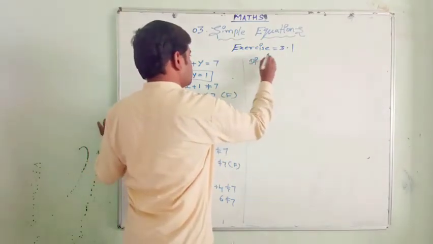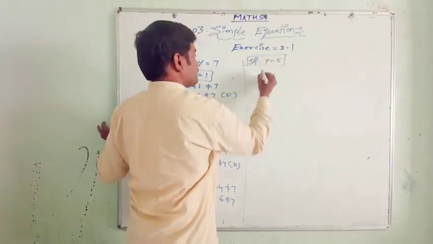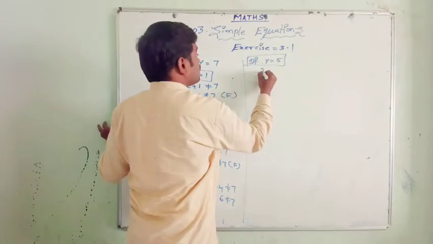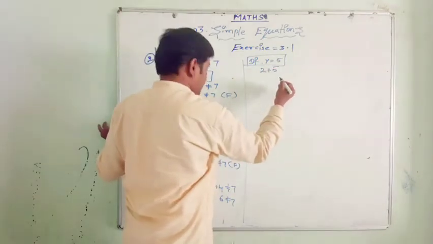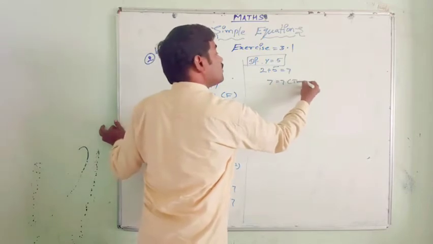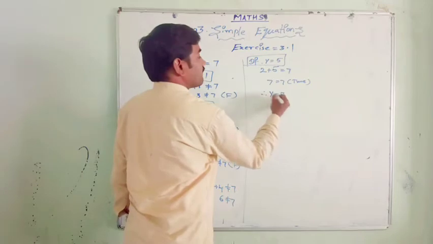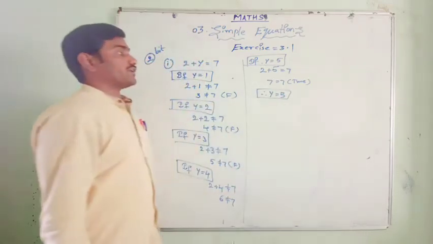If y equal to 5, that means here 2 plus 5 is equal to 7. Yes, 7 equal to 7. Here you got a true statement. Therefore, y equal to what then? 5. Therefore, y equal to 5.